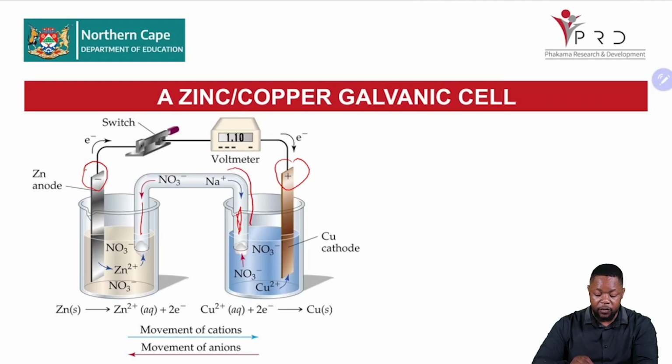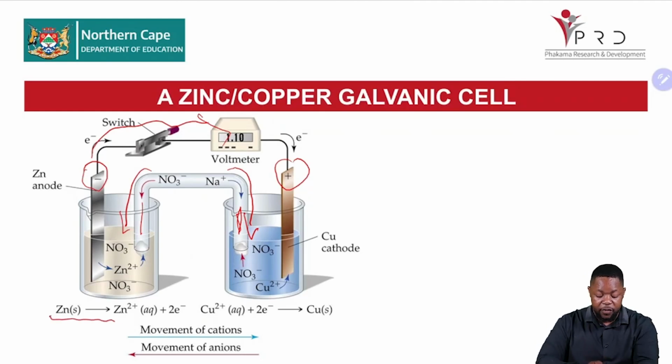The positive ions always migrate to the cathode, and the negative ions migrate to the anode to balance the charges. Electrons in the external circuit move from the anode to the cathode. Remember, electrons are lost at the anode and gained at the cathode. So that is the movement that you need to understand.